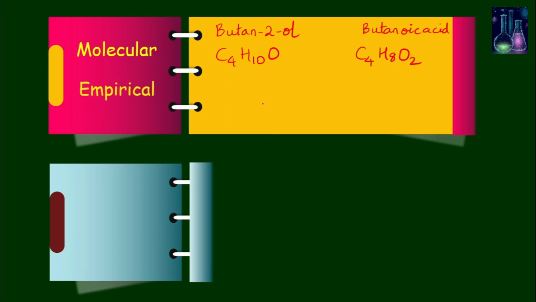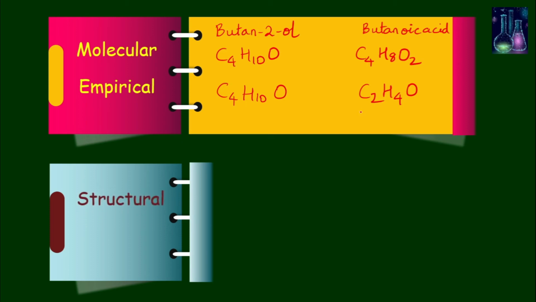Now the empirical formula for butan-2-ol will be the same, C4H10O, and here it will be C2H4O, because this can be divided, a simplest ratio can be obtained.